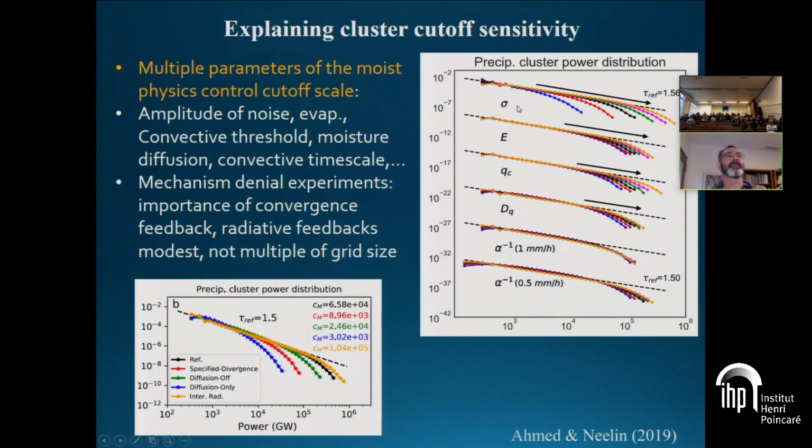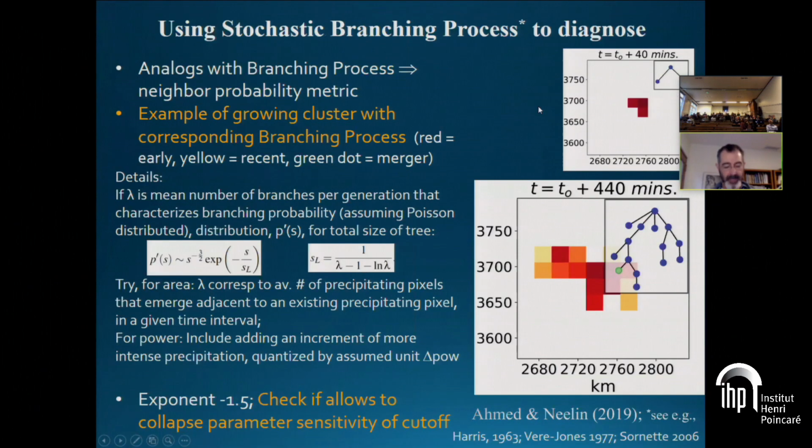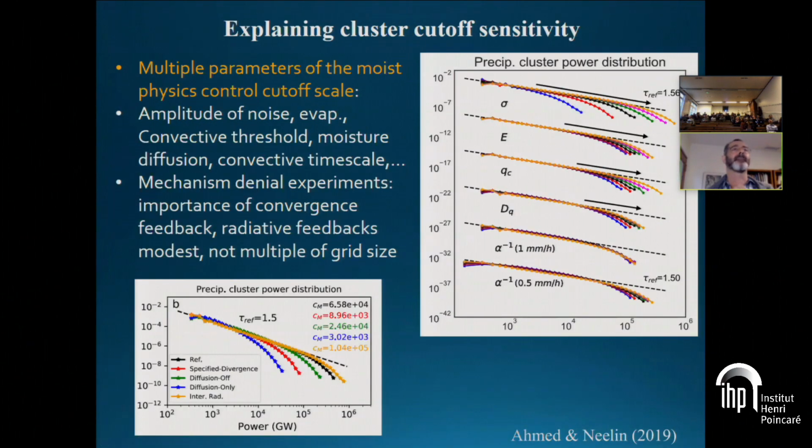You can do a series of parameter perturbation experiments with things like the amplitude of the noise, the evaporation, the critical value at which the precipitation increases, the diffusion, the time scale of the precipitation loss rate.